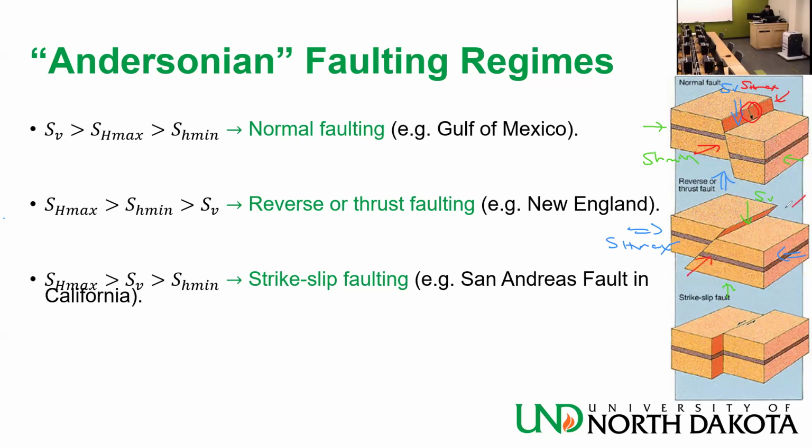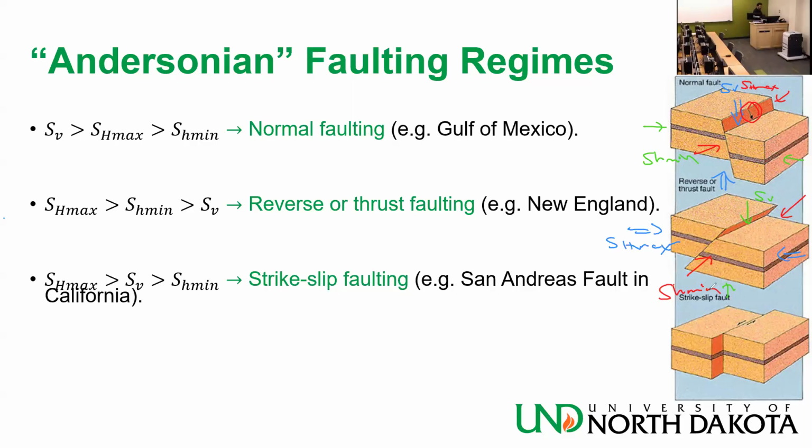It's gonna be the red one, doesn't really matter. So SH mean, it doesn't matter. SH max is the stronger. SV is the weak.